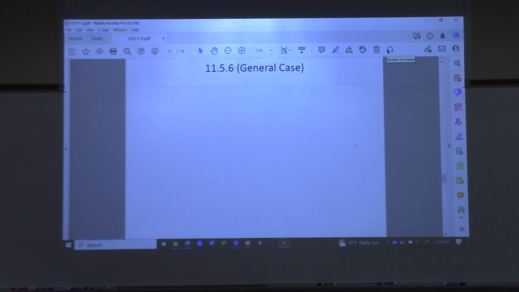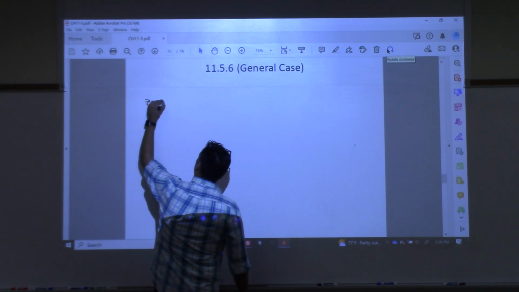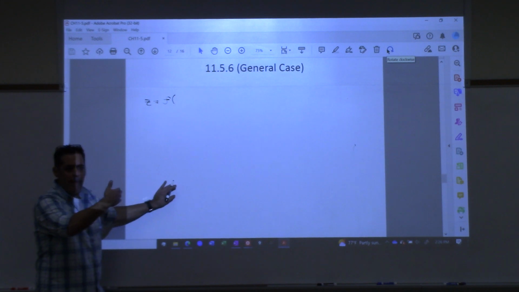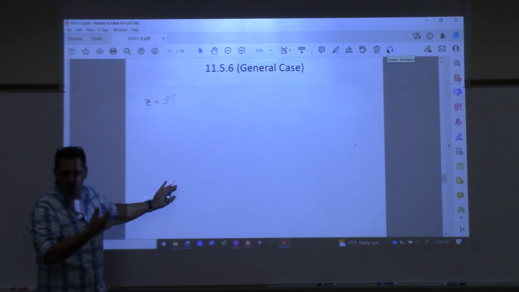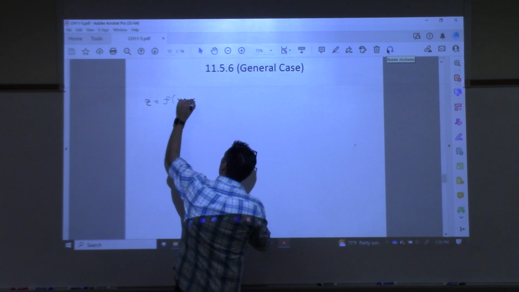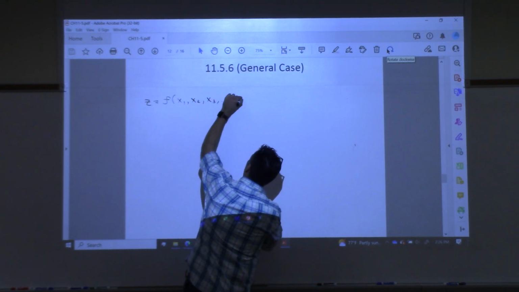So let's say that z is some function that depends on n different things. I'm going to say x1, x2, x3, dot, dot, dot, to xn.